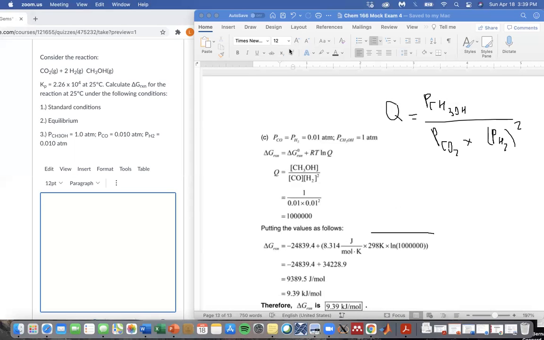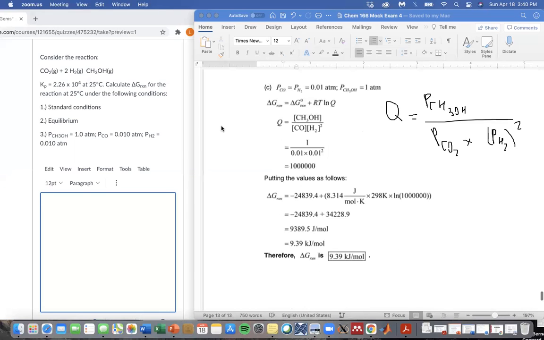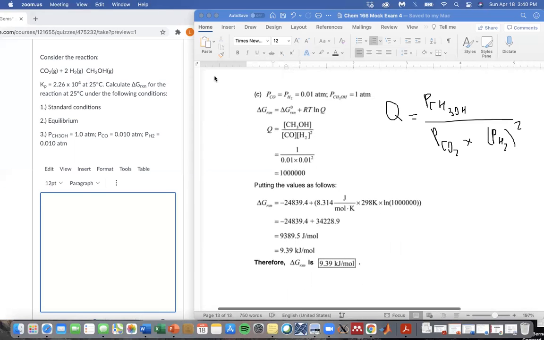Okay. This next one here is where it kind of goes back to what we had done in the last problem, when you weren't at equilibrium, but you also weren't at standard conditions. So we're given pressures: 1 atm for the CH3OH, 0.01 atm for the CO, and 0.01 atm for the H2.